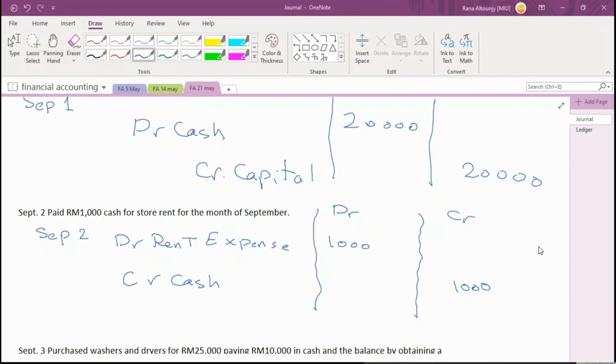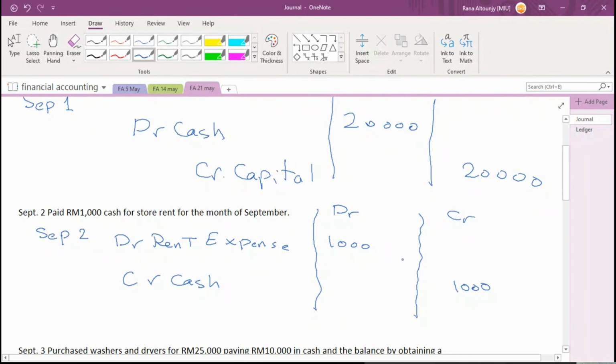I'm always asking you because you need to keep these things in your mind. You need to keep these things in your mind to be able to analyze any transaction. Because when you are getting any question, you need to be able to analyze a transaction to know which one goes to the debit side and which one goes to the credit side.